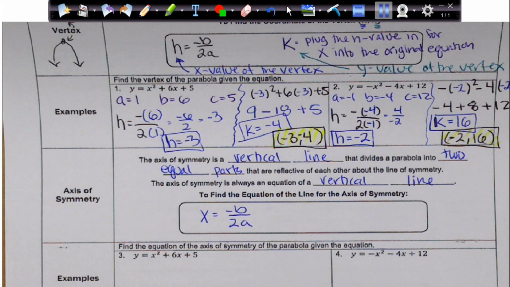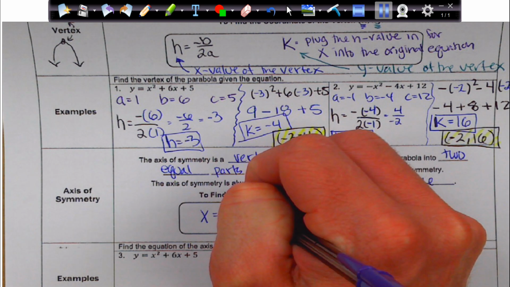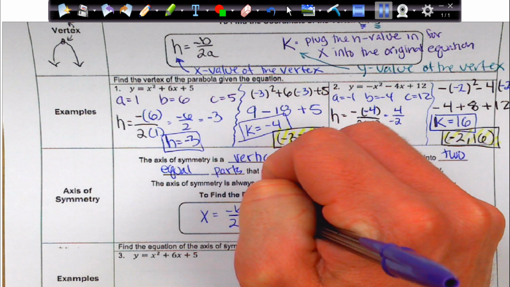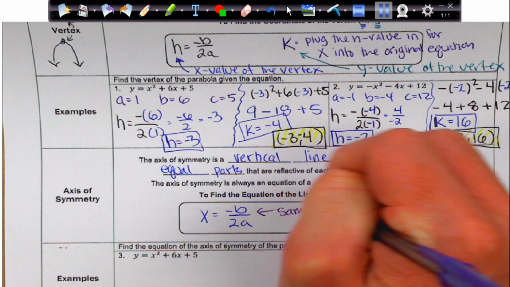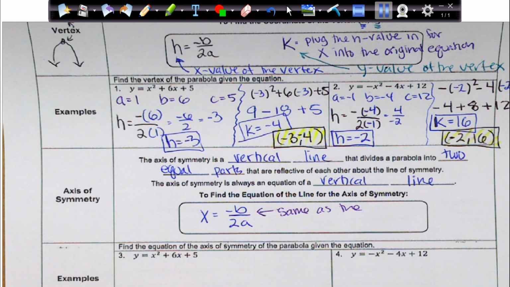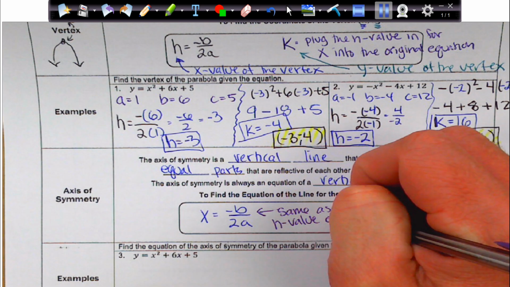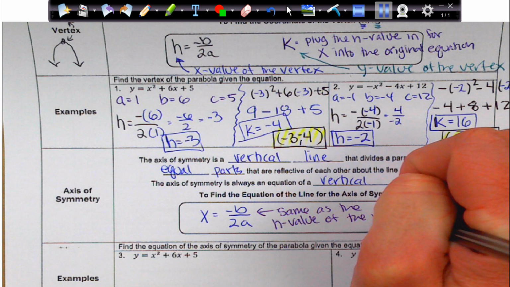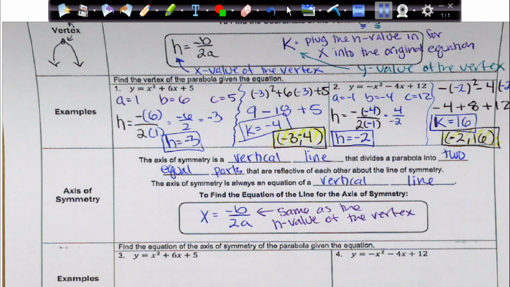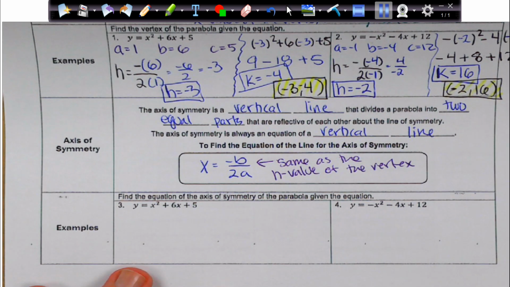So if you saw that and thought, wait a second, that looks familiar, you weren't wrong. Okay? So let's write that note real quick. It is the same as the h value of the vertex, and that's because the axis of symmetry will go through the vertex.